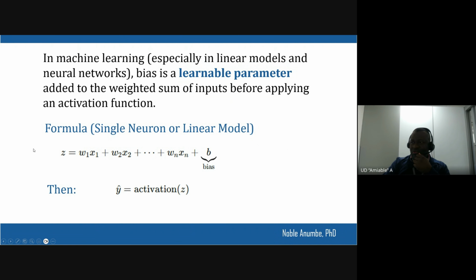In other words, y hat will be equal to activation of z. That's what will give you all of this. So that's why I have this here. So if you see, we are building up the information one step on the other.